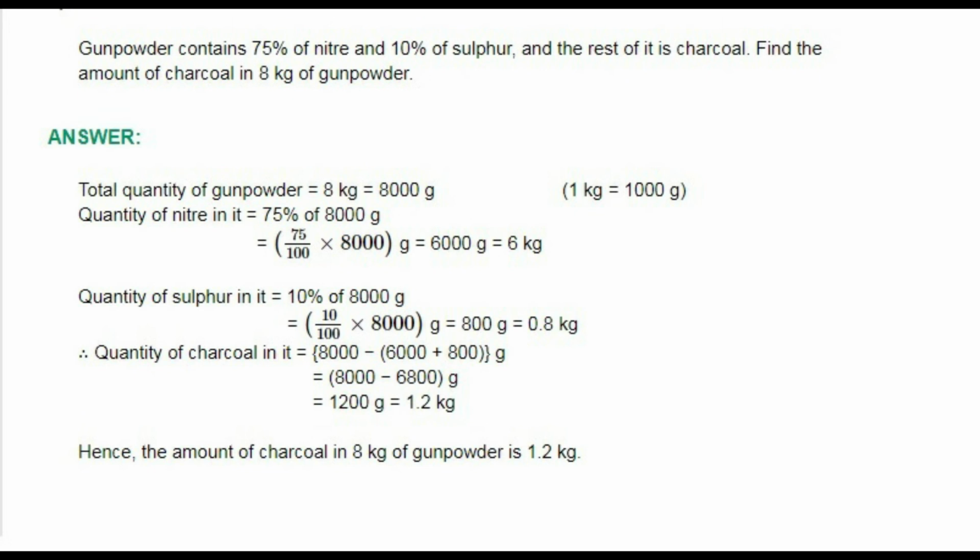The sum is 6000 plus 800, and we subtract it from the total amount of gunpowder, that is 8000. So it is coming as 1200 gram, and if we convert to kg, it is 1.2 kg. So the amount of charcoal in 8 kg of gunpowder is 1.2 kg.